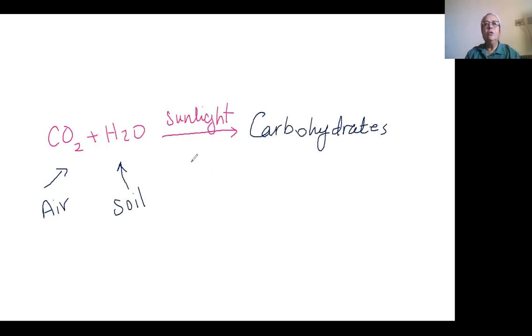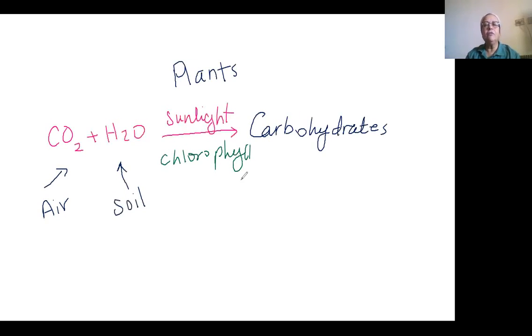The only organisms that can perform this kind of nutrition are, as we all know, the plants. Why? Because the plants contain a very important pigment called chlorophyll. This chlorophyll is the green pigment that is found in the leaves of the plants and in the stems, of course.